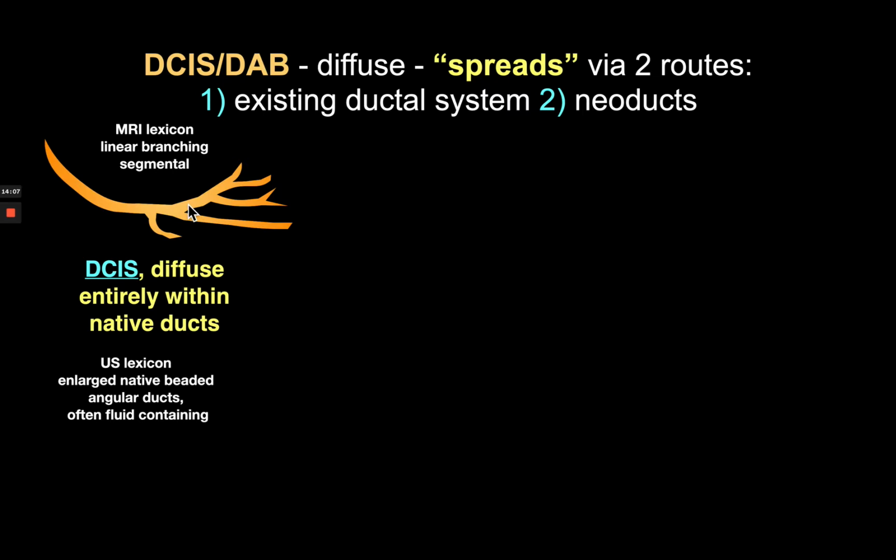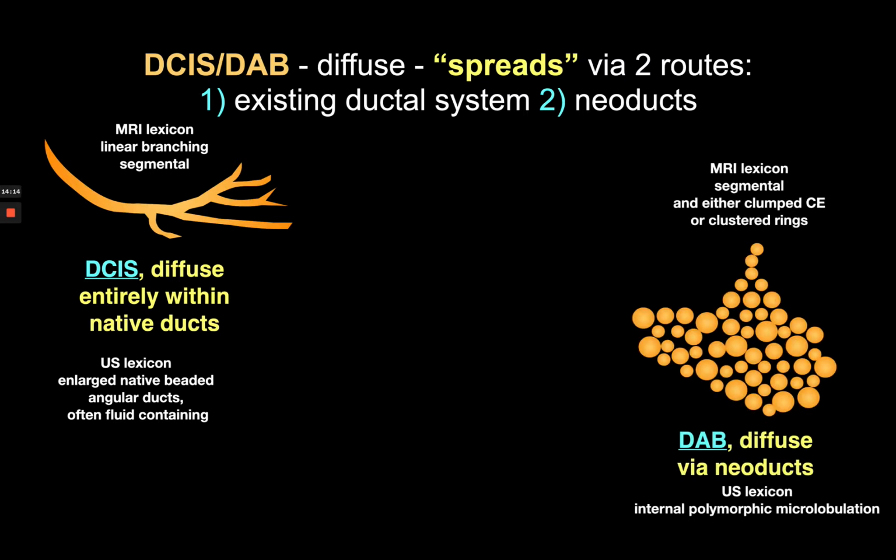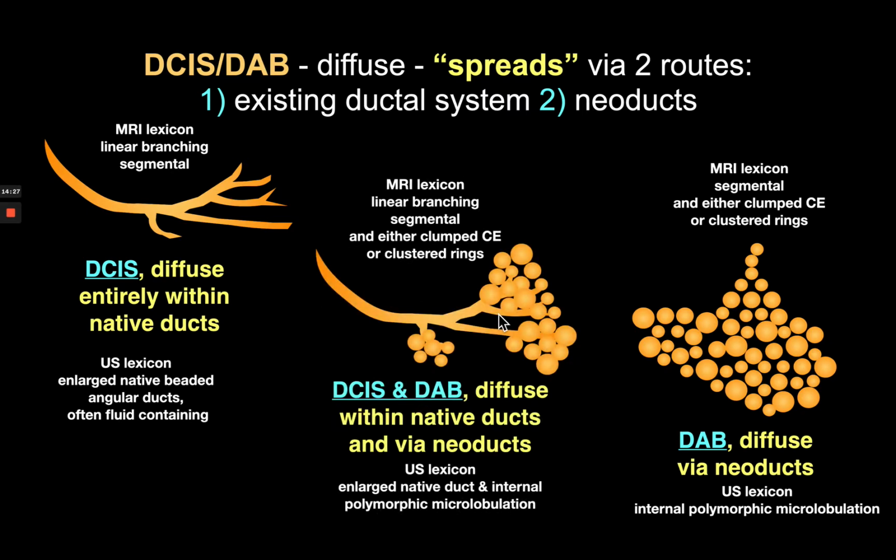It doesn't necessarily have to be duct-forming invasive cancer, because it's involving just the native ducts. On the other hand, it can spread entirely by neoduct formation. Now, this is going to be duct-forming invasive cancer. This is neoductgenesis. And then obviously you can have a mixture of the two.